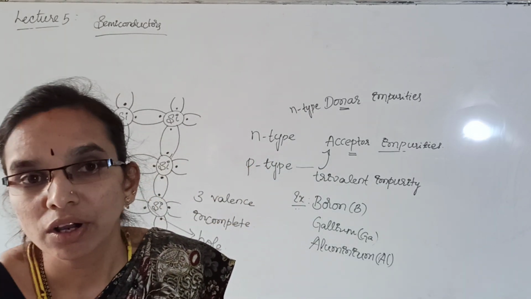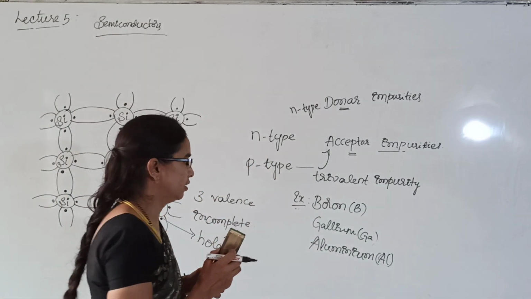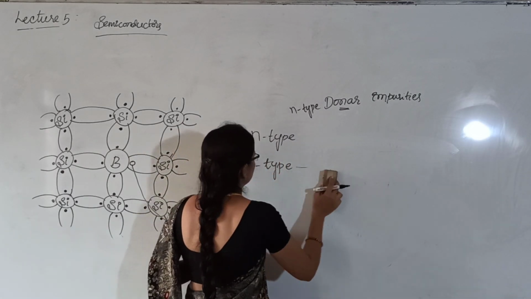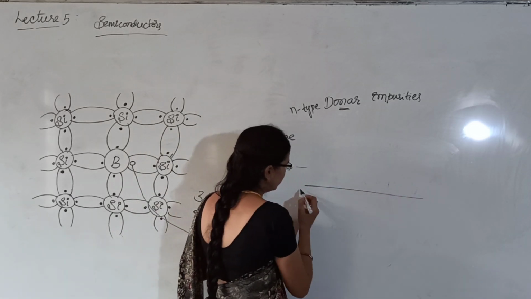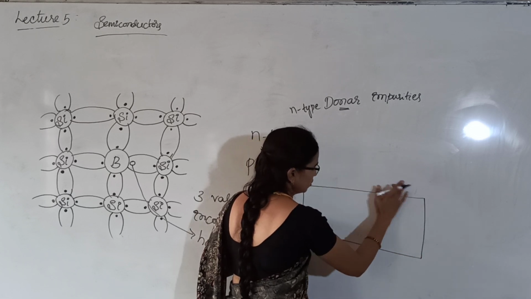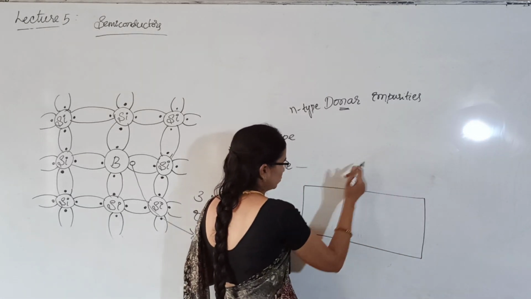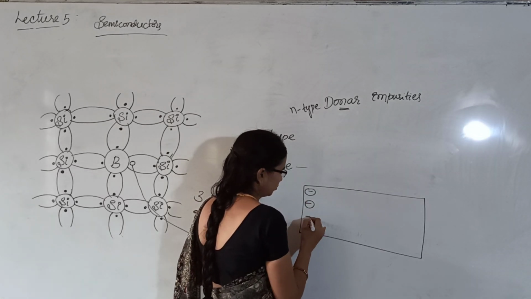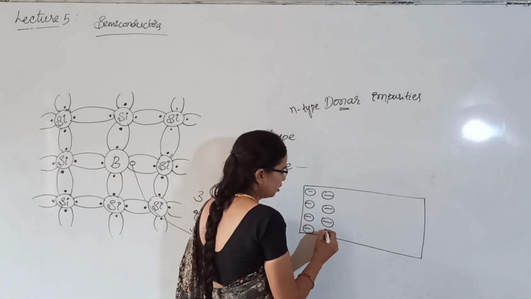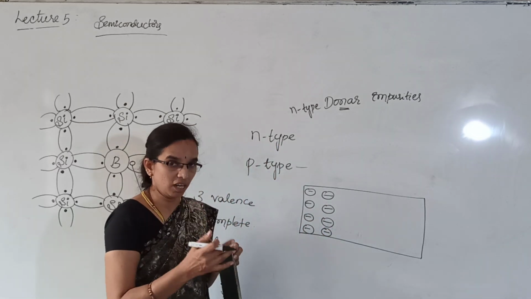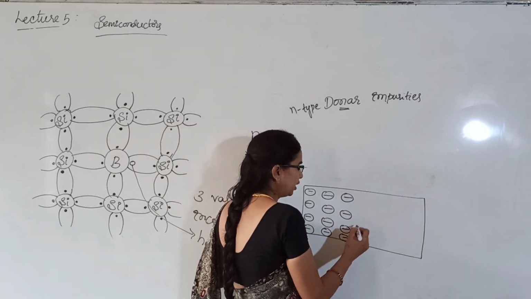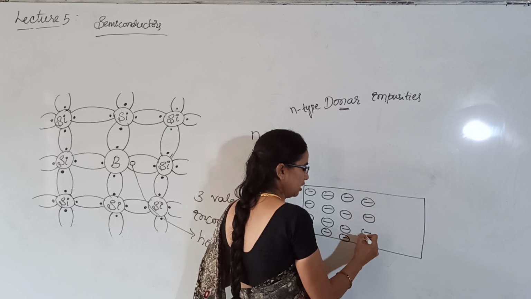Okay, this is how we'll get p-type semiconductors. In p-type semiconductors, what are the majority and minority charge carriers? In n-type semiconductors, we had positive donor ions, whereas in p-type semiconductor, negative acceptor ions you can take.